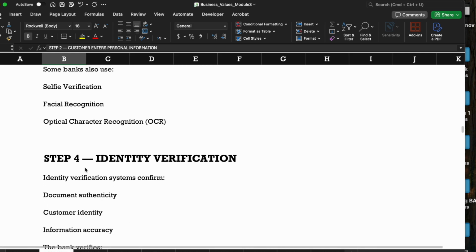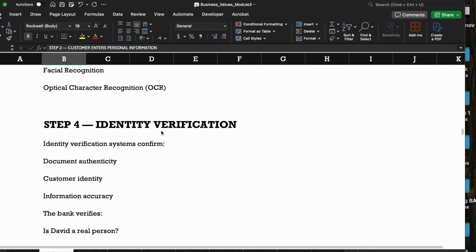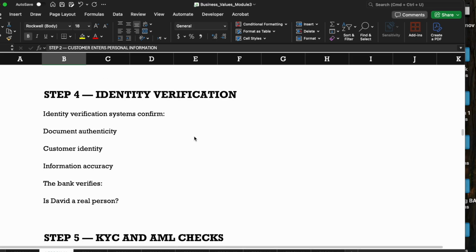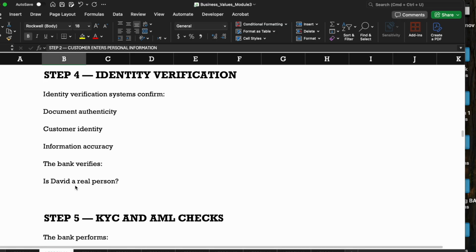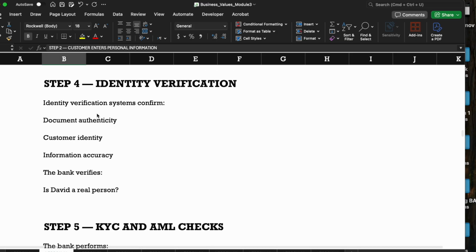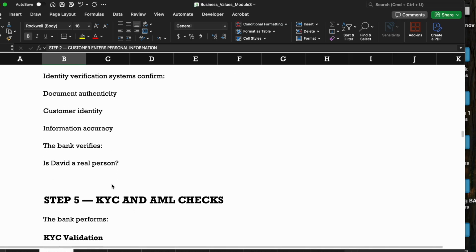Okay. Number 4: identity verification. The identity verification system confirms document authenticity, customer identity, and information accuracy. The bank verifies whether David is a real person. So the bank sends this information to the identity verification vendor, and the vendor confirms whether this person is real or not. Okay.